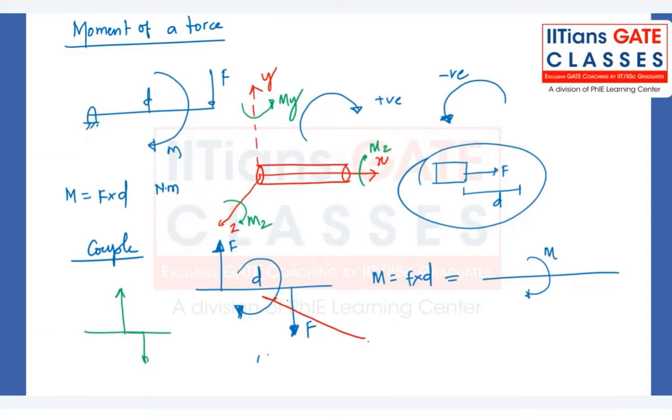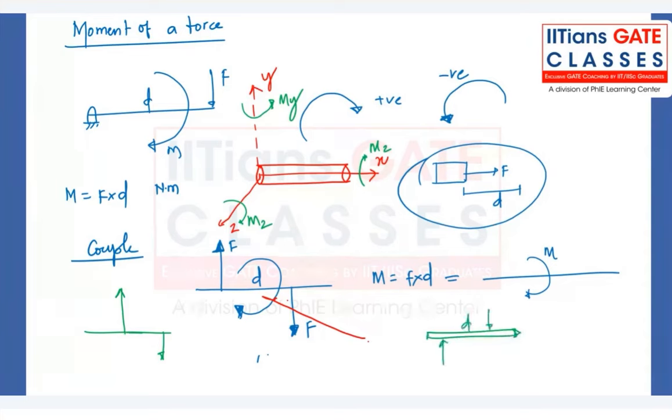Take a pen in your hand and try to push the pen from both sides at a single point. You will not see the pen turning. But if you put the pen on a table and apply force like this, you will see the pen will rotate, right? It will turn. Abhinav, are you following? You put the pen like this and push it here and here, and you will see it rotate.